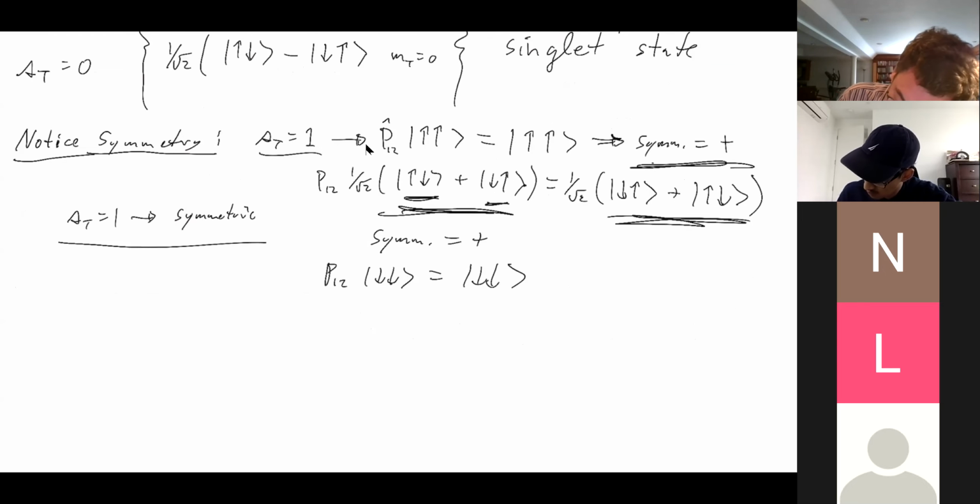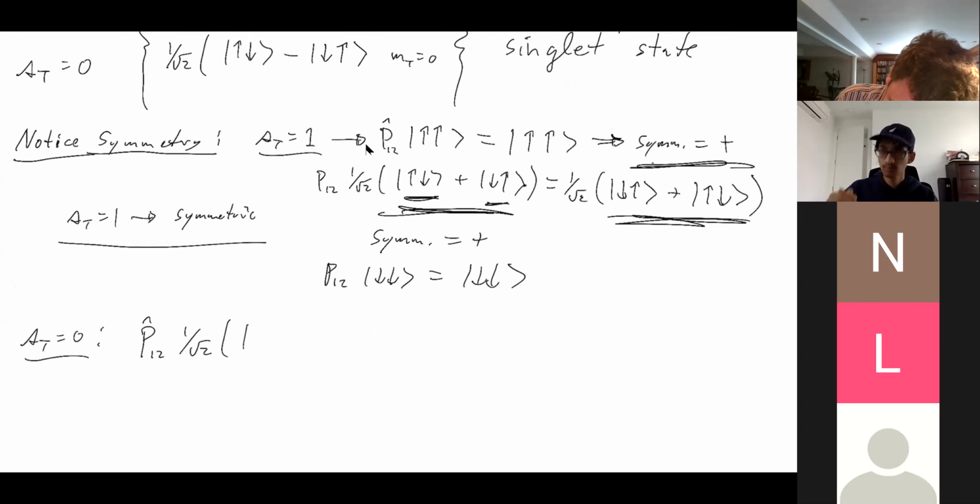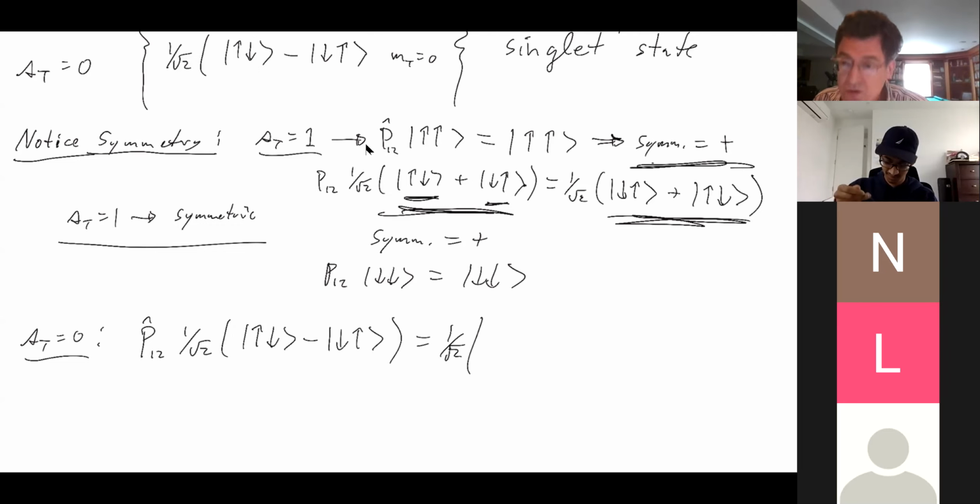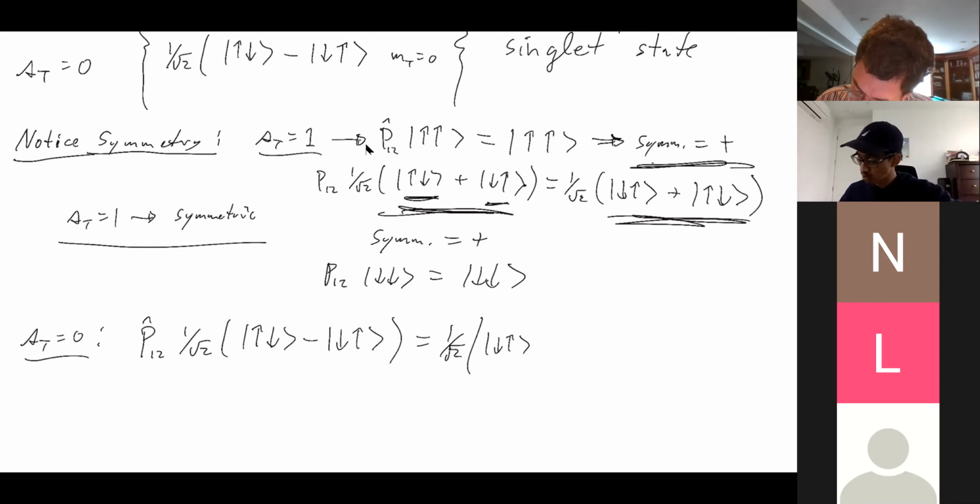And now let's take a look at the singlet state, and let's hit that with the exchange operator. That state is up, down, minus down, up. When I hit the first one, up, down turns into what? Someone tell me. Down, up. Yeah, perfect. And I have a minus sign, and the second one turns into up, down, because I'm exchanging the labels.